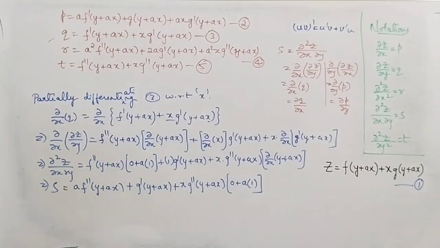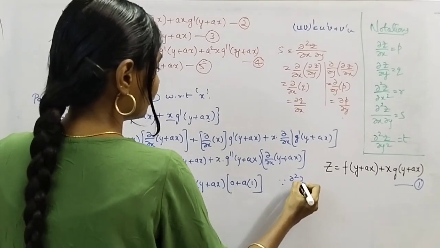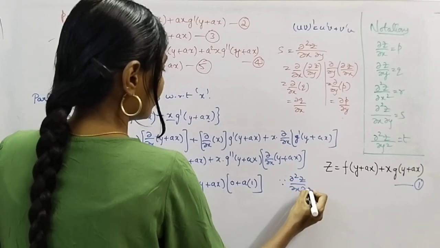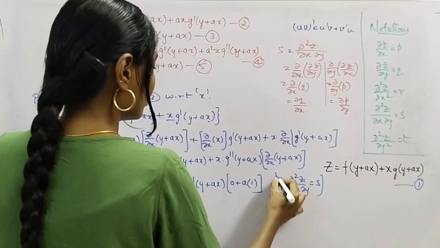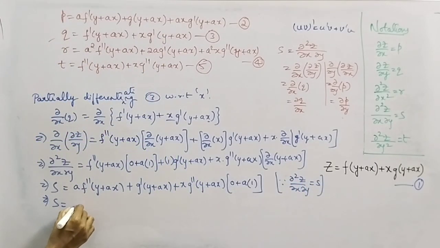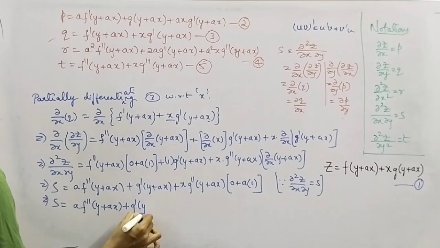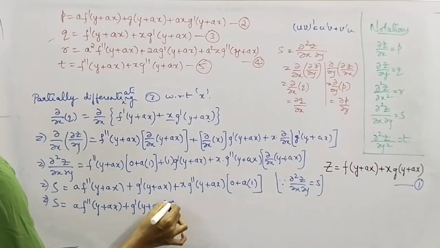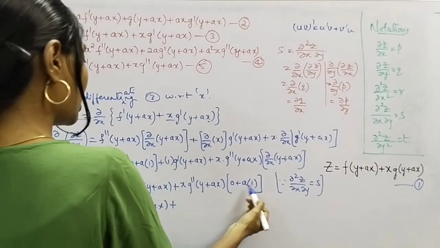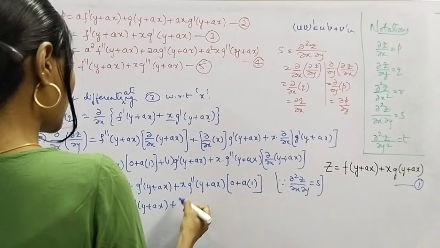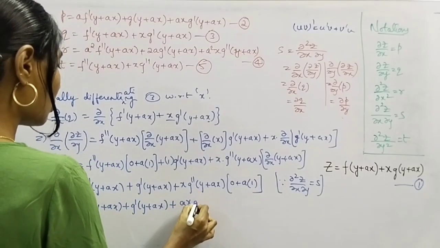Okay, this gives us s equal to a into f double dash plus g dash plus a x into g double dash.